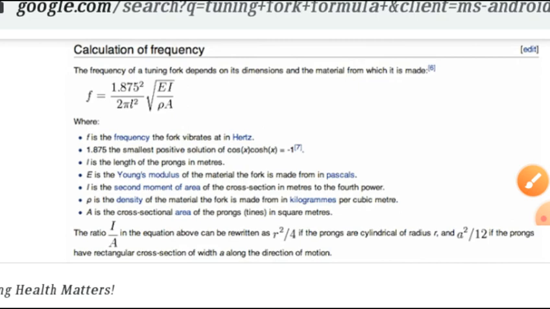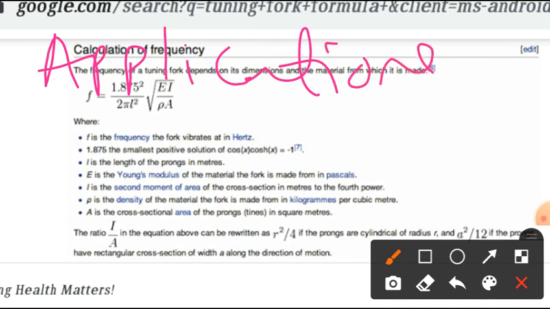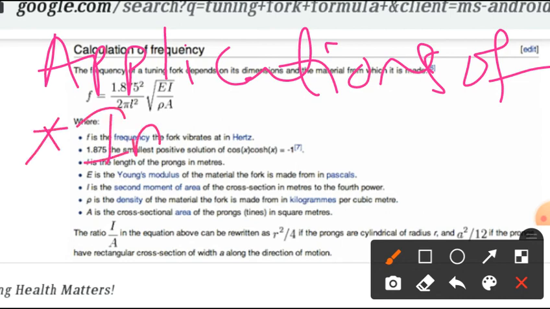Applications of tuning fork. In musical instruments, electromechanical watches, and used in the medical field.